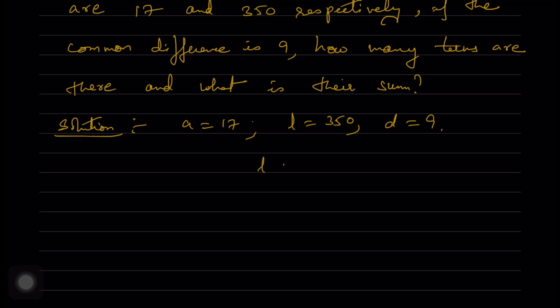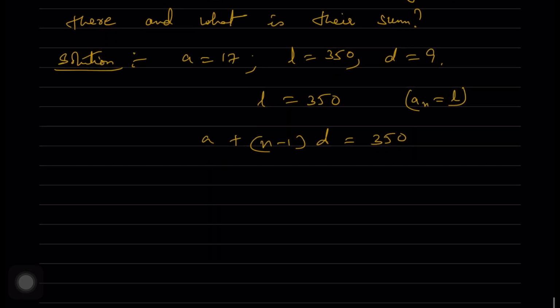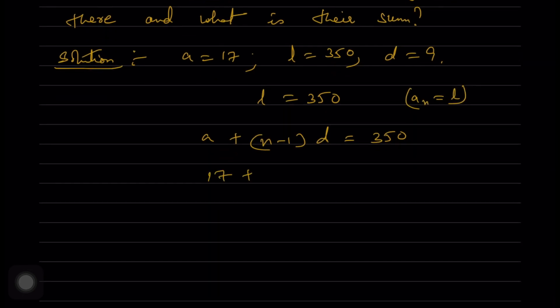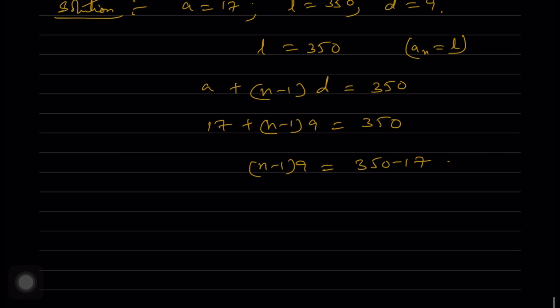Therefore we have that L is equal to 350 means An is equal to 350, which is a plus n minus 1 into D. That is An is equal to L. So you have 17 plus n minus 1 into 9 is equal to 350, or n minus 1 into 9 is equal to 350 minus 17, which is 333.